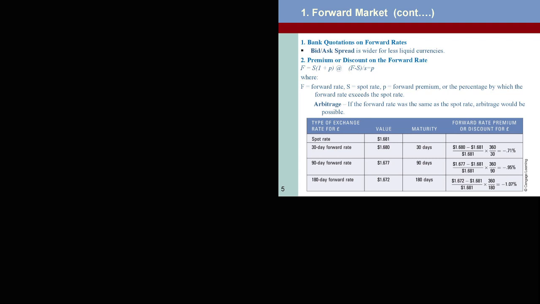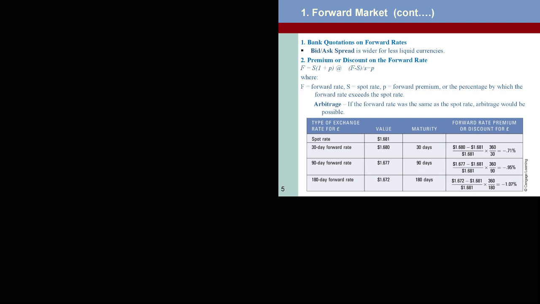So based on this very simple formula, you notice that the spread is, of course, larger for the longer period. After 180 days, it's 1.07. However, at 30 days, it's only 0.71.